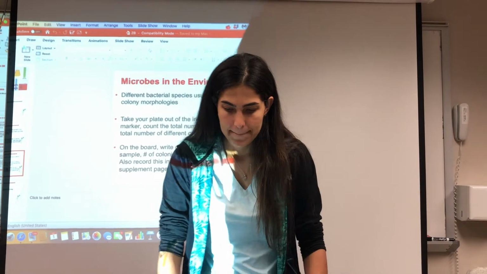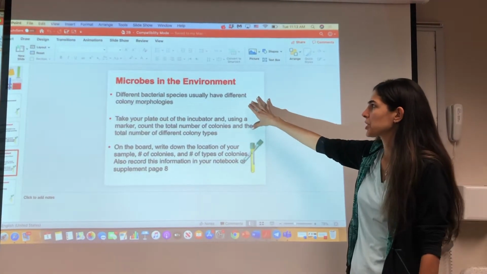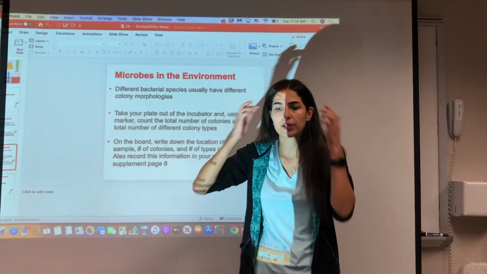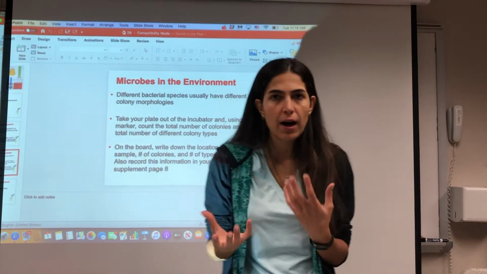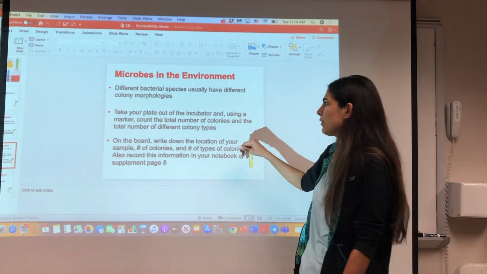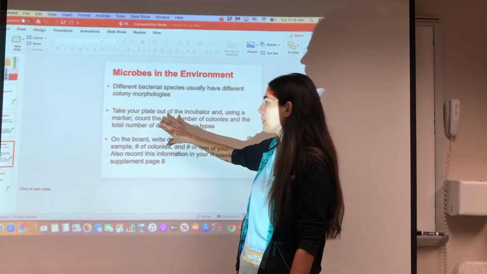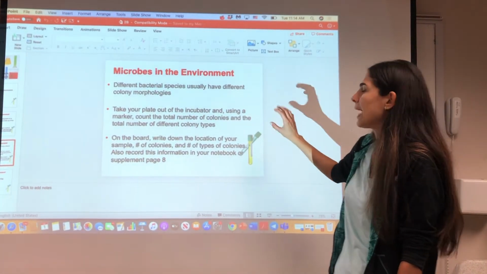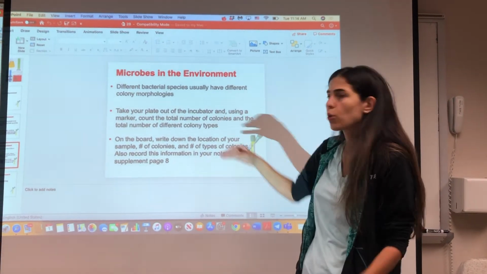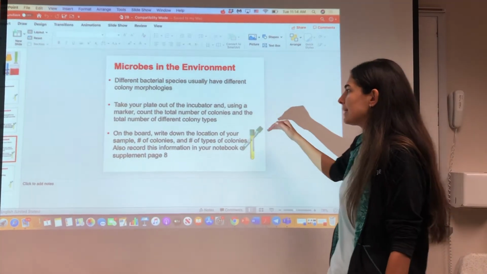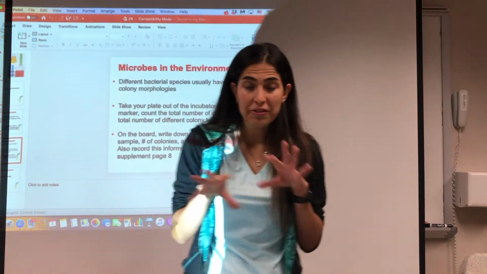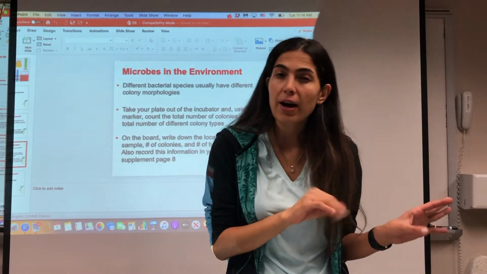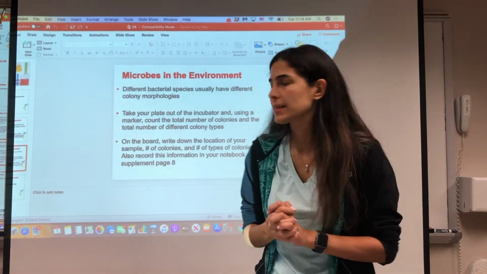Different bacterial species usually have different colony morphology. Colony morphology means different sizes and different colors, and we will take our plates out from the incubator and, using the marker, count the total number of colonies and the total number of different colony types. Sometimes you cannot differentiate different types of colonies, but we will do our best.